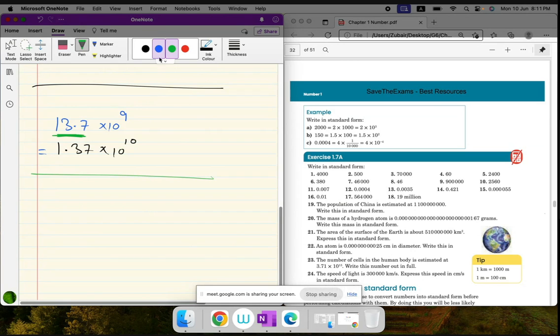So if the number is 0.00034 into 10 raised to power -7, and we have to write 3.4 into 10 raised to power, now what will be the new power?